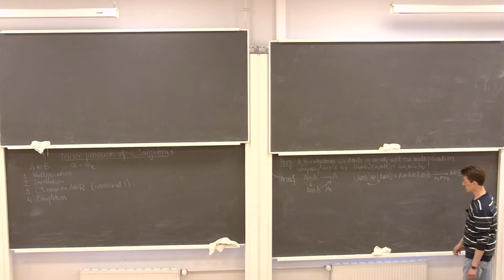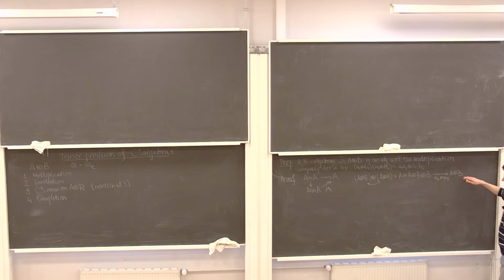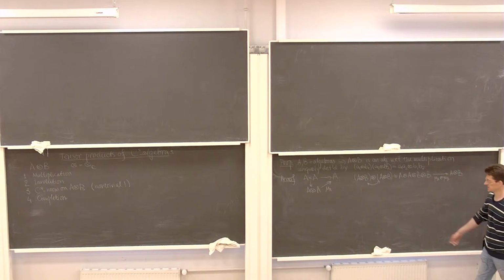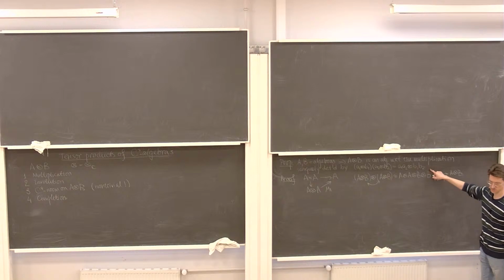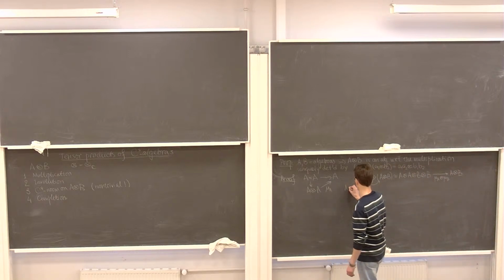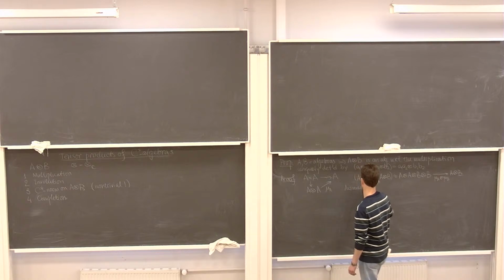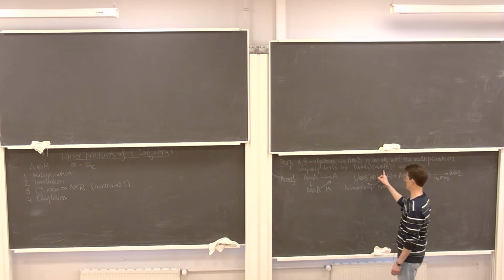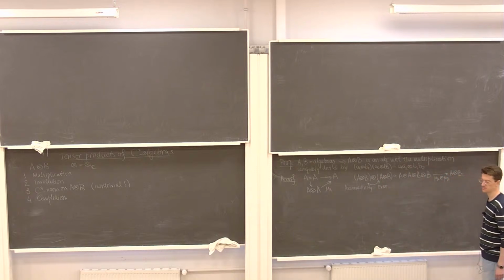So as a result, we get a linear map of this form. And this is equivalent to a bilinear operation on A tensor B, satisfying this condition. The associativity of this operation is a simple exercise. This is more or less immediate from the fact that the multiplication is associative on elementary tensors.